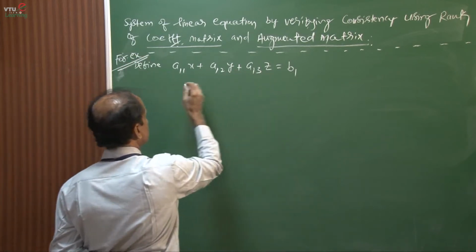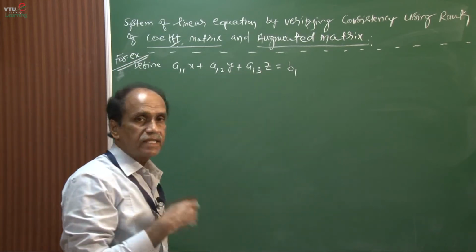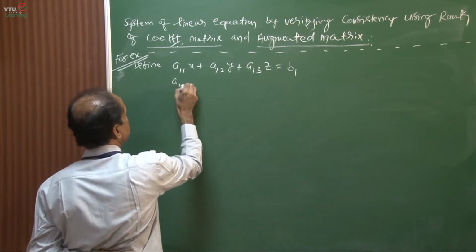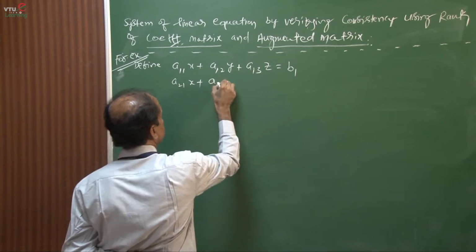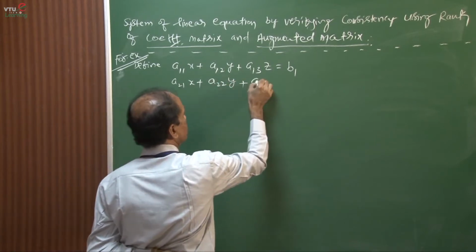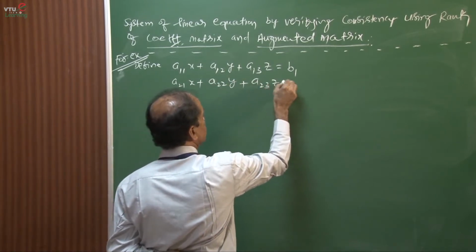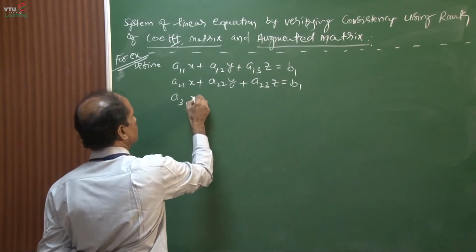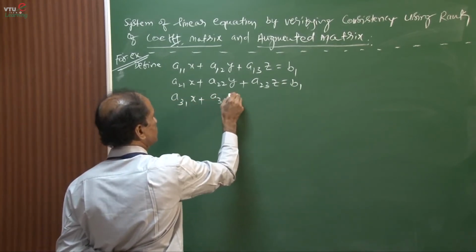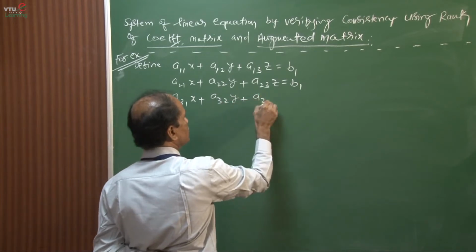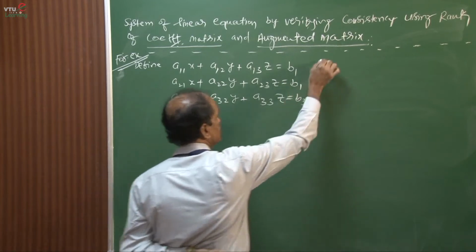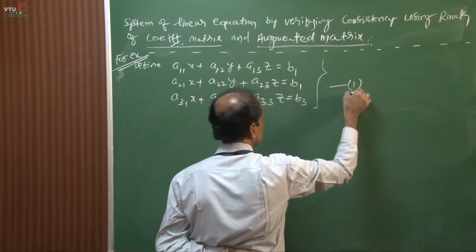Three unknowns I am going to take, because I can extend my idea for four unknowns. Next, a21 x plus a22 y plus a23 z is equal to b2. a31 x plus a32 y plus a33 z is equal to b3. This I will call it as equation 1.